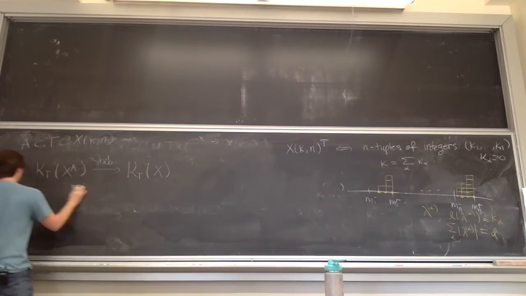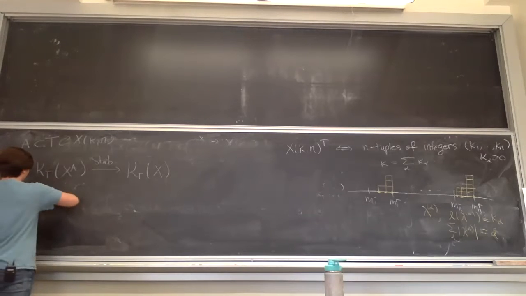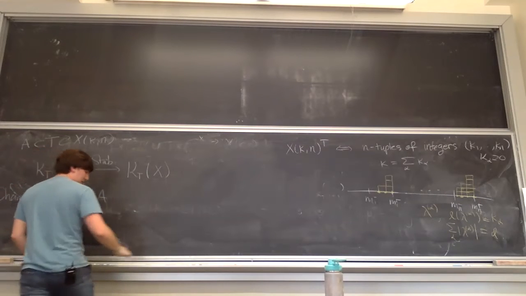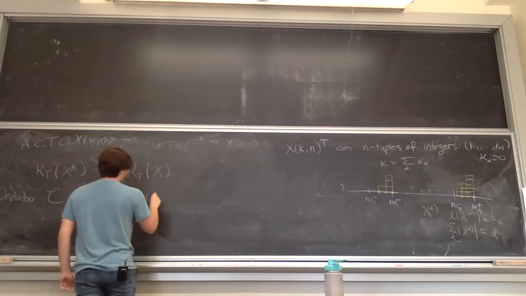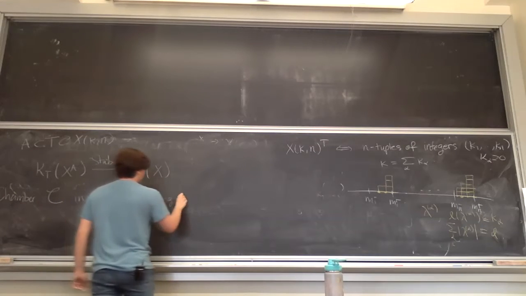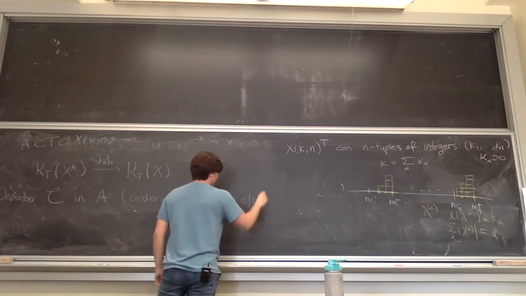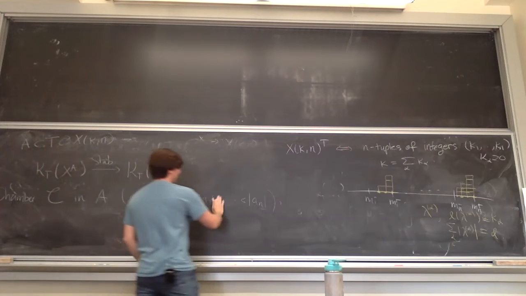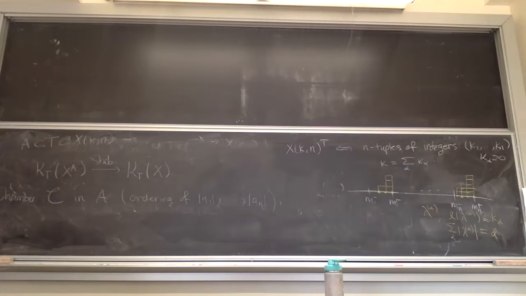And they're determined once you pick a choice of chamber inside of A, which you can think about as a choice of ordering of these parameters. Well, this is one, but in principle it can be whatever you want.